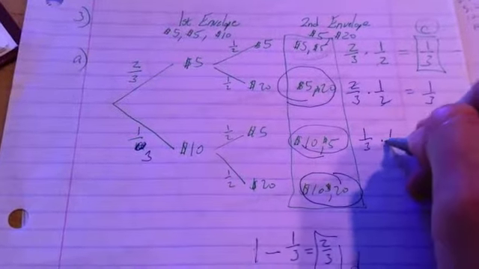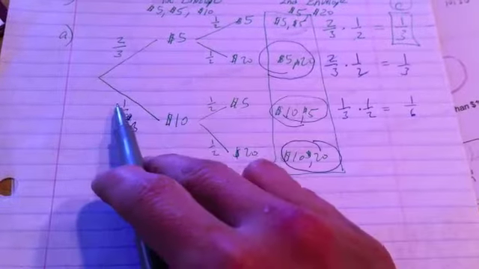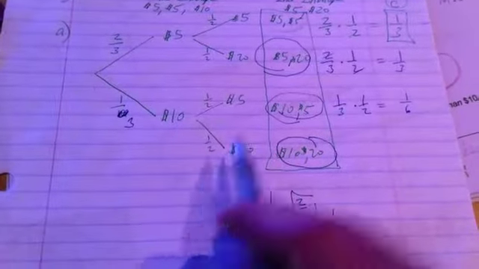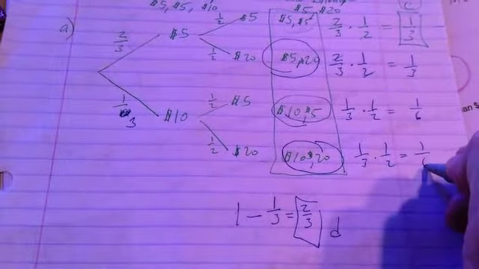So 1/3 times 1/2 is 1/6. And this one here, 1/3 times 1/2, is another 1/6.